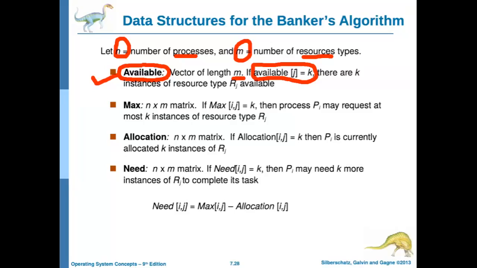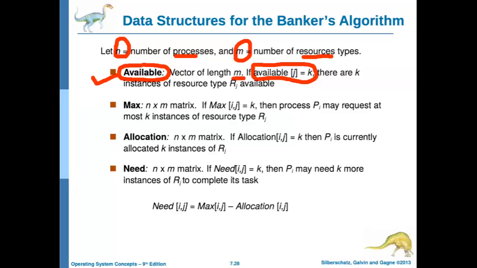Say, for example, I have 50 resource types. So available of 50 is how I'll declare the array in C language. Why 50? Because the value of m is 50. So that is the resource types. And at any given instance of time, how many units of that resource type are available? Say for example, available of j.